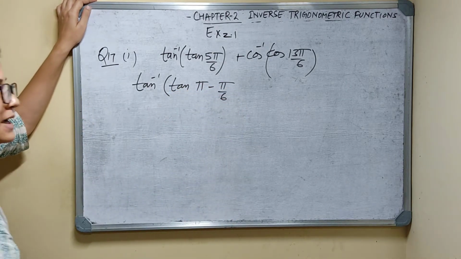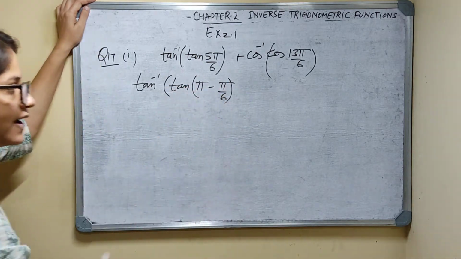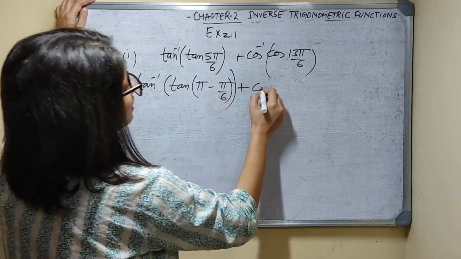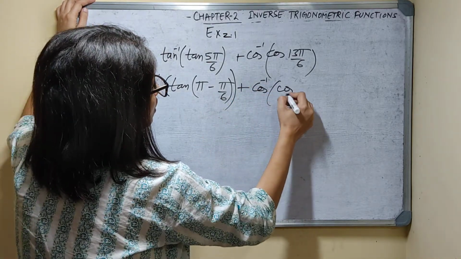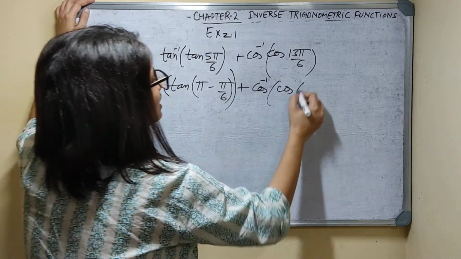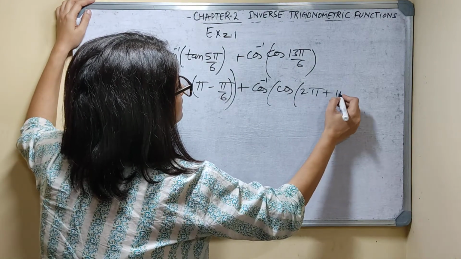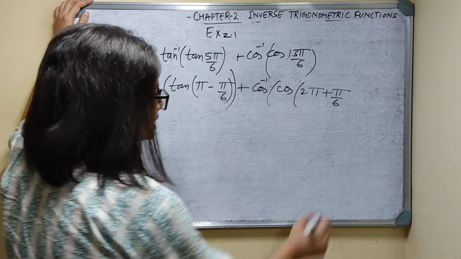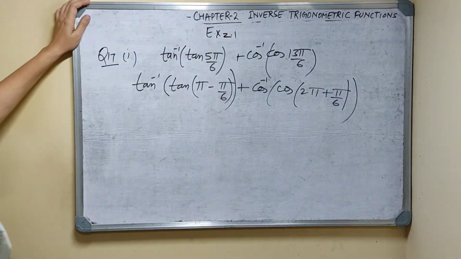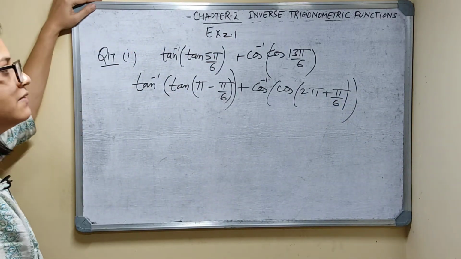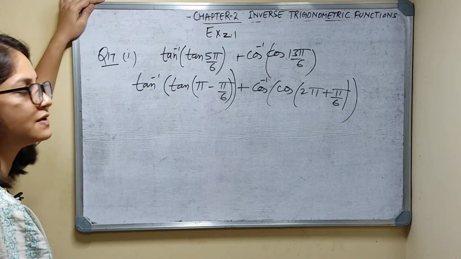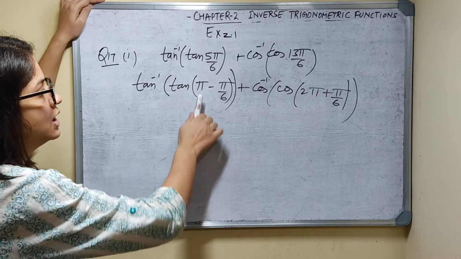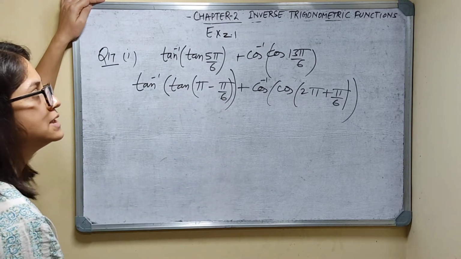And for cos inverse cos of 13 pi by 6, I am writing cos of 2 pi plus pi by 6. Is it clear? Like this I can write it, with 5 pi by 6 as pi minus pi by 6.